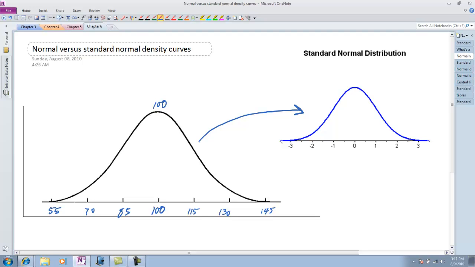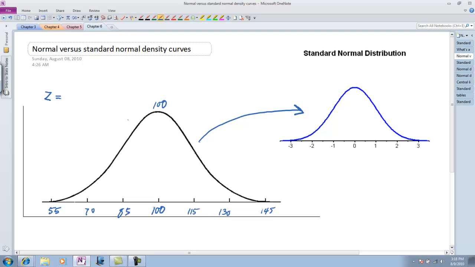We have to convert these data, and that's pretty much what this exercise in Alex is checking: do you know how to convert a given value of x to a z-score? But not just that, do you know how to convert a given inequality related to a value of x to an inequality related to a value of z? First of all, you should know how to get a z-score. We've done that since chapter 3.